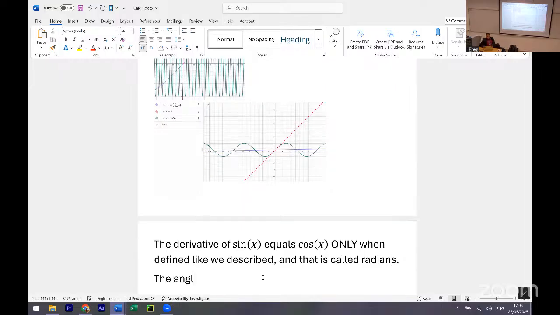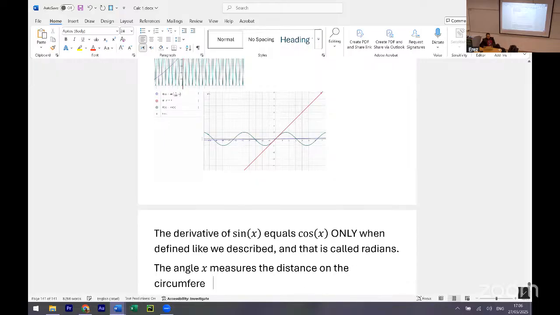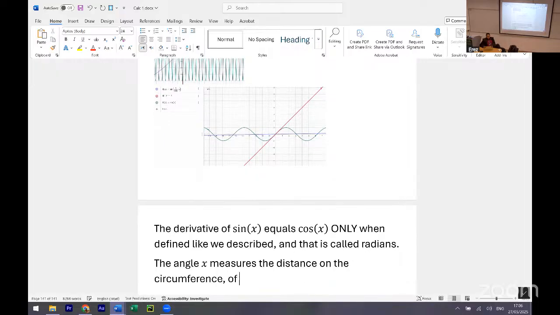The angle x measures the distance on the circumference, or the arc length.